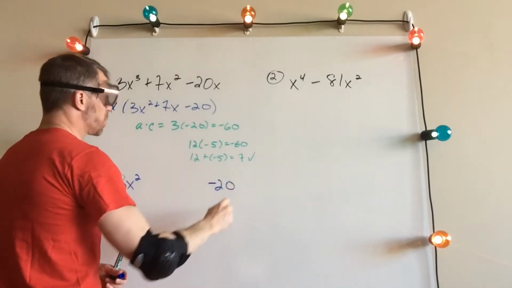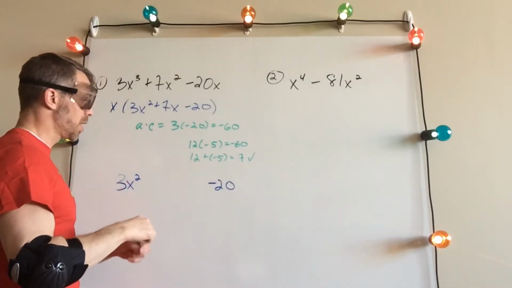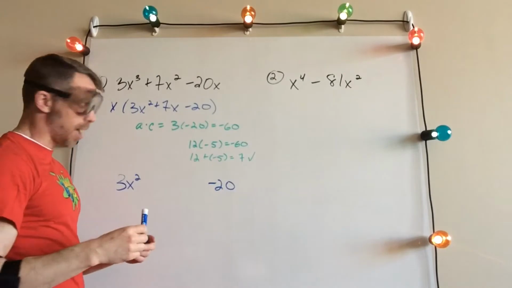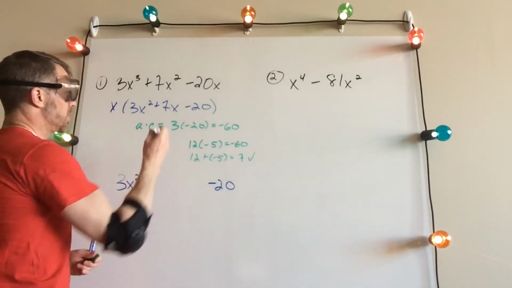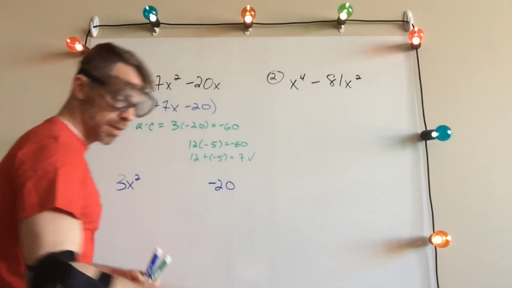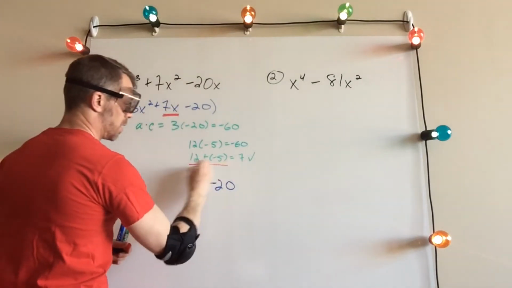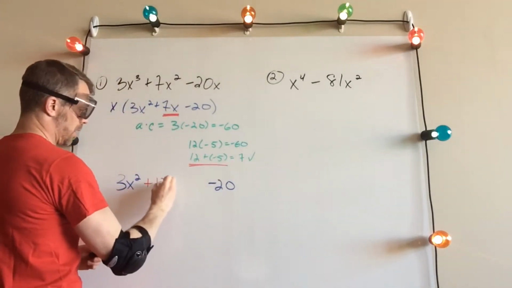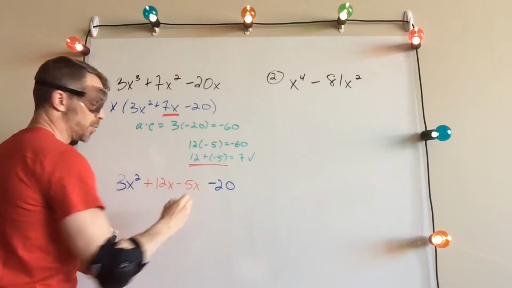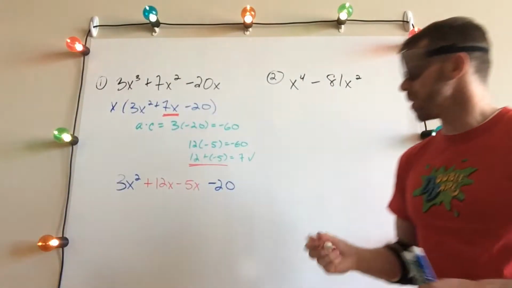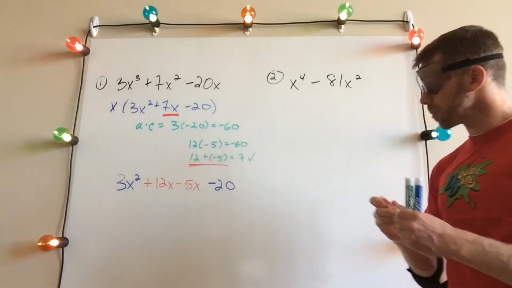We're keeping the first piece and keeping the last piece, but we're unsimplifying that middle term. That 7x has been split up into 12x minus 5x.